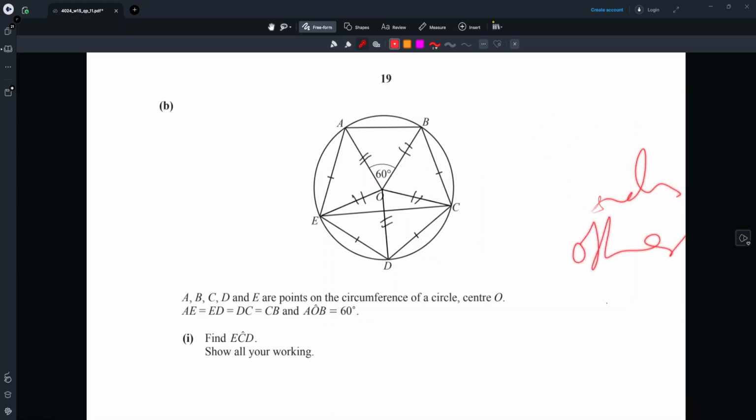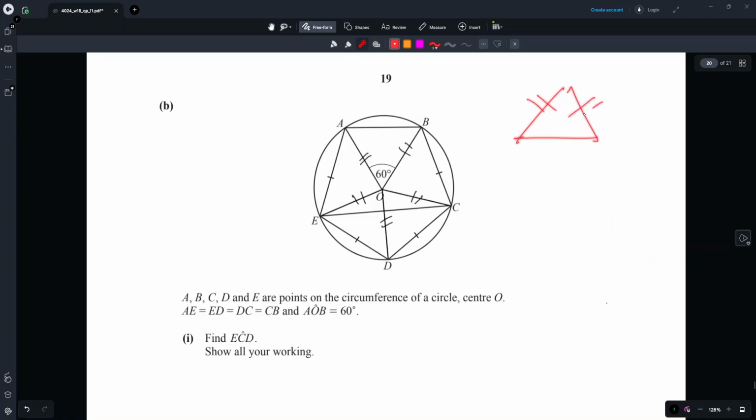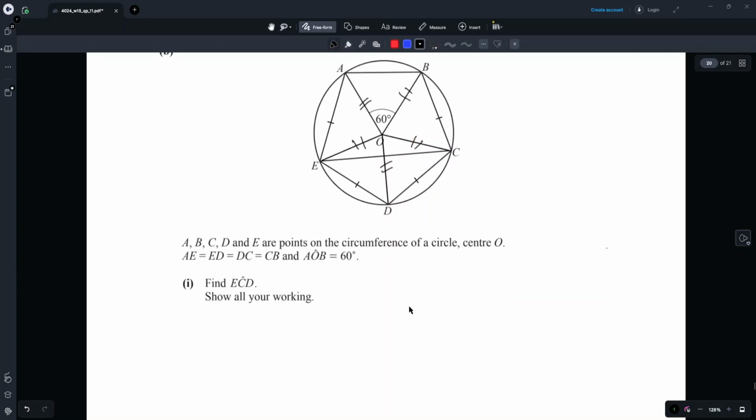What does this help us to deal with as a result? It means that if this is x, this is also x, this is also x, this is also x, which means that we have 4 x's together. So we have 4x plus 60 equals 360.